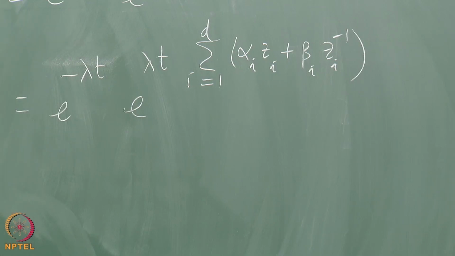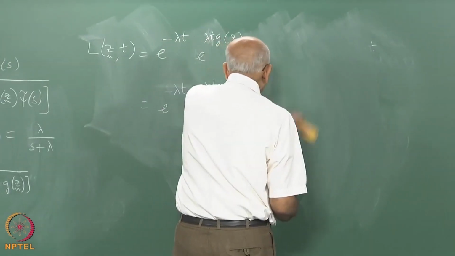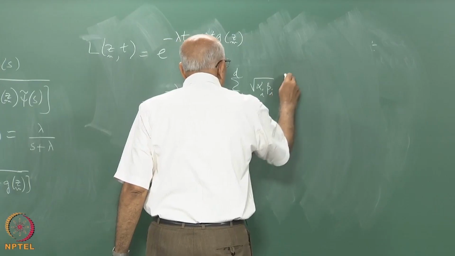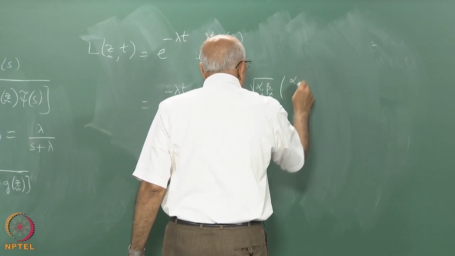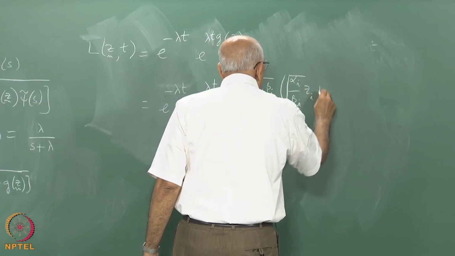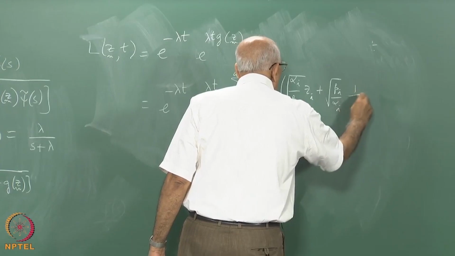Okay. And what is the usual trick? Well, take out alpha i beta i, so write this as alpha i beta i times square root of alpha i over beta i zi plus square root of beta i over alpha i 1 over zi.